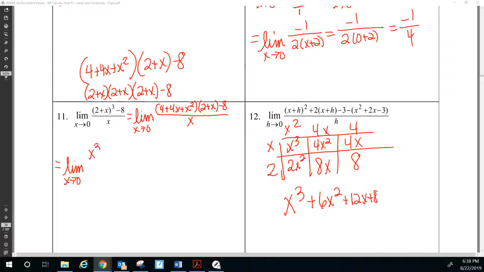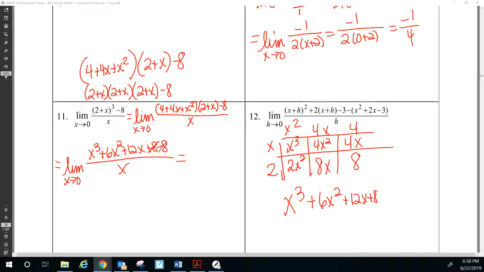So x cubed plus 6x squared plus 12x plus 8 minus 8, over x. Now notice, if you didn't have an 8 here, this has to cancel out in order for us to get rid of this x. So if this wasn't an 8, you might go back and check your work. You could have done it completely right, and that was the purpose of the problem, or you could have made a mistake.